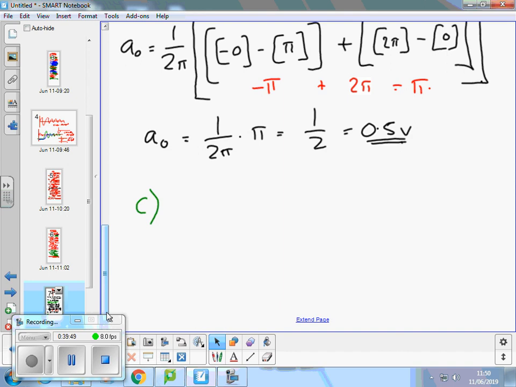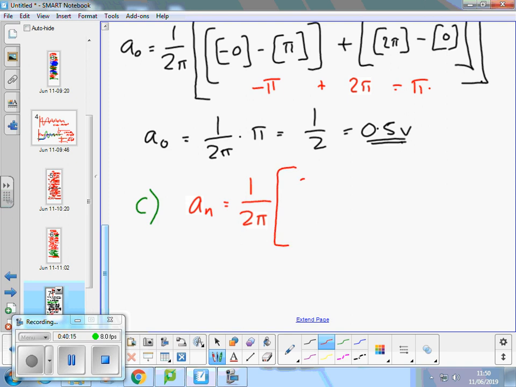So, the A terms are the cosine terms apart from A0, so we've got the formula: An is 1 over pi, and we've got to do each function separately again, between 0 and minus pi of minus 1 dt plus between 0 and pi of 2 dt.